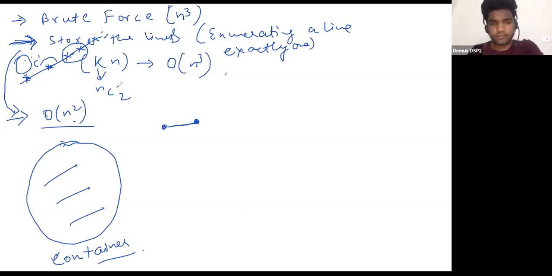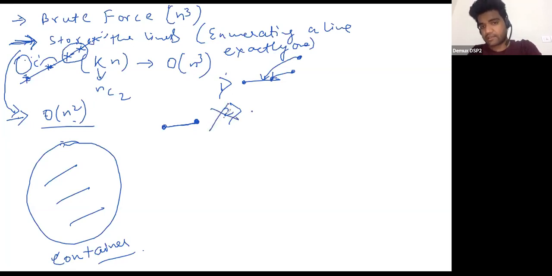What this algorithm is doing is, first, you are enumerating a line from a pair, and second, you are checking other points whether they lie on this particular line or not. Can you avoid this step? That's basically the hint for getting into an n square solution.